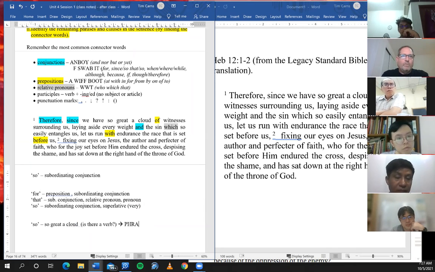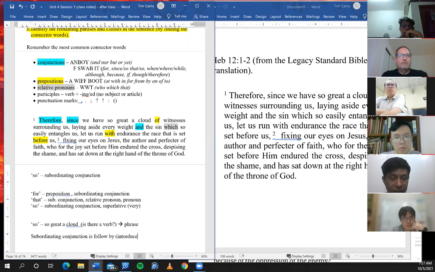Okay. So why does that matter? What is significant about that? Well, remember, a subordinating conjunction is followed by or introduces a dependent clause. Okay. So if we look at this here, so is followed by a phrase, not a clause.